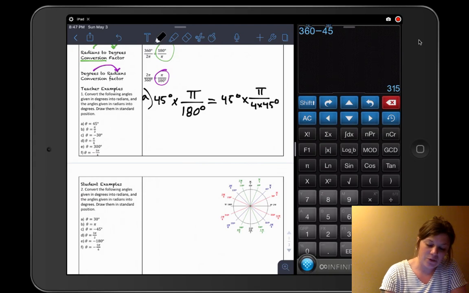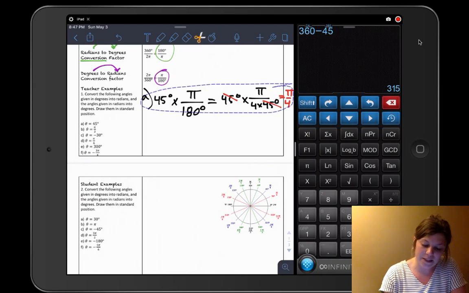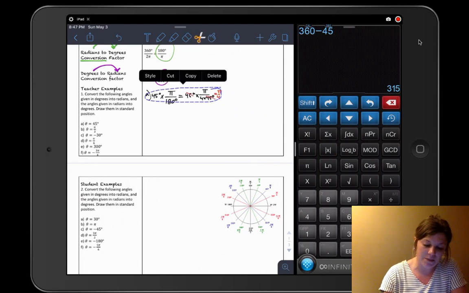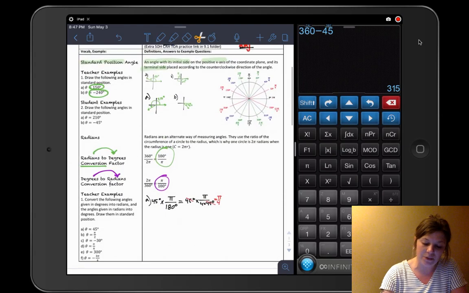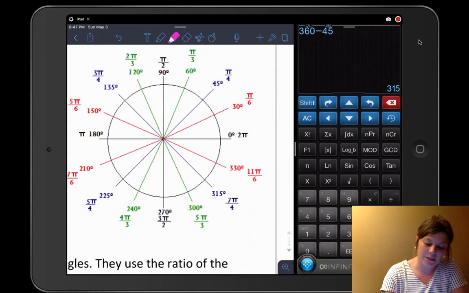So the 45 that's being multiplied and divided simplifies to 1, and what is left is pi over 4. You'll notice this exact amount is on the circle that we just looked at: pi over 4, 45 degrees, so we know our answer is correct.